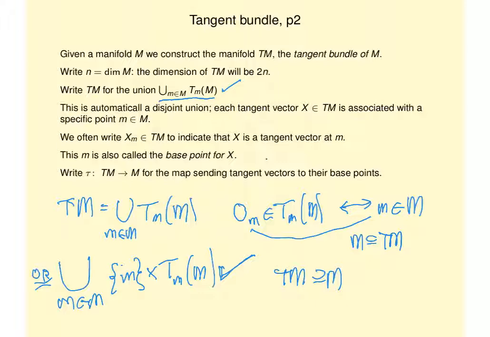After all, when you look at the definition of a tangent vector, say at a point M0, the derivation equation that it has to satisfy involves the point M0. So the point M0 is actually firmly associated with the tangent vector x.